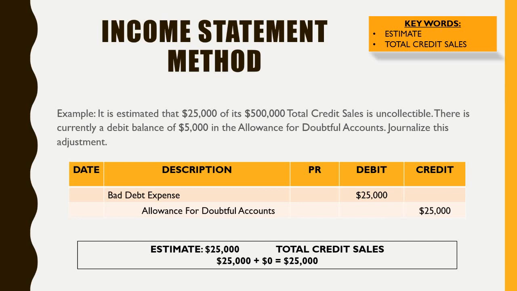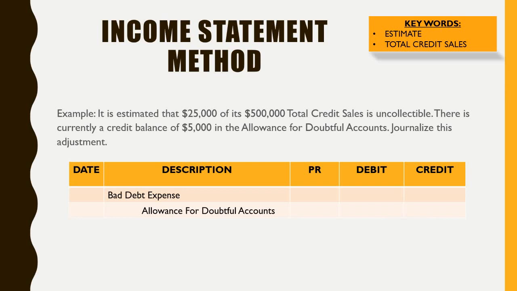Since the allowance for doubtful accounts does not appear, we can disregard it. We don't care about this $5,000 because it doesn't affect me at all, because I'm not using the balance sheet. I'm using the income statement method, which only tells me what my total credit sales is. So I just look for that keyword, I look for the estimate, 25,000, boom, okay?